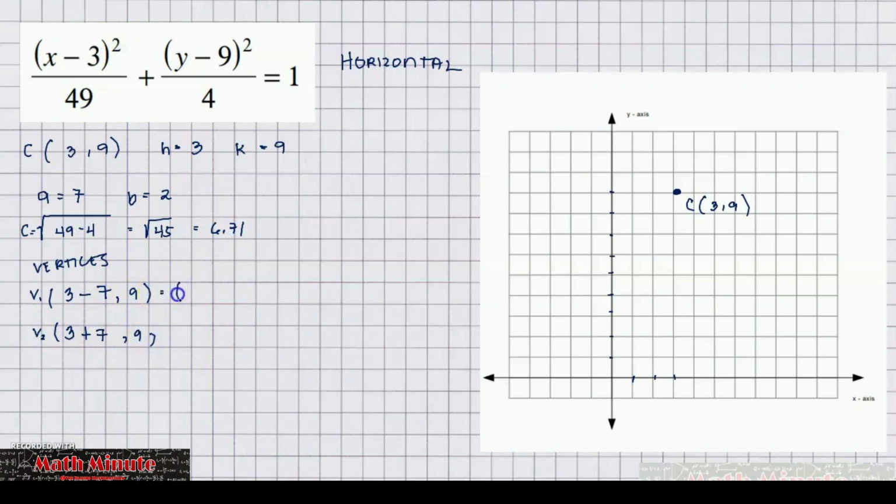So this will be negative 4, positive 9, and positive 10, positive 9. So negative 4: 1, 2, 3, 4. So it's this part. V sub 1 is negative 4, positive 9. Then 4, 5, 6, 7, 8, 9, 10. And this is your V sub 2, which is 10, positive 9.